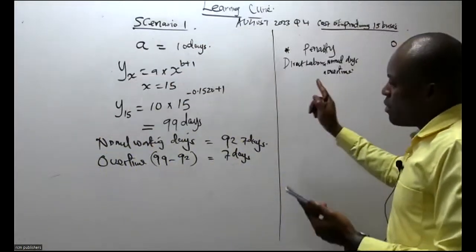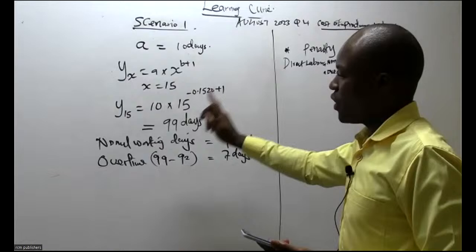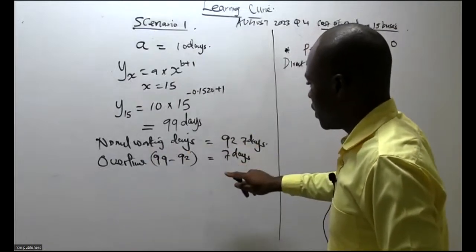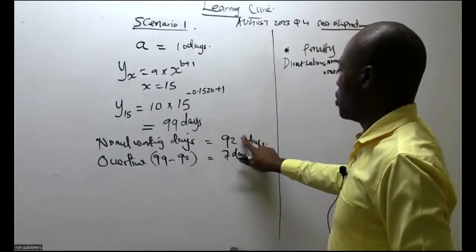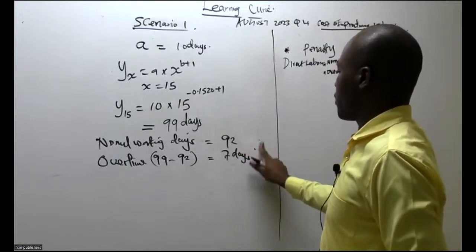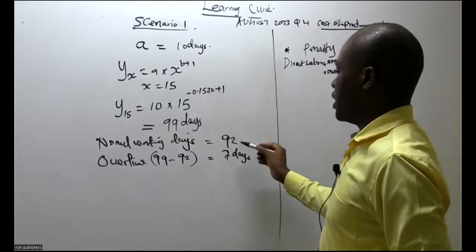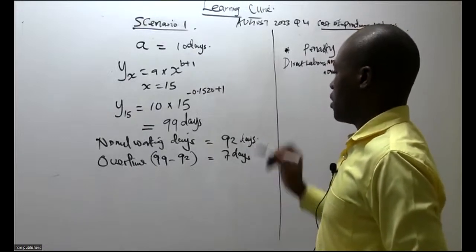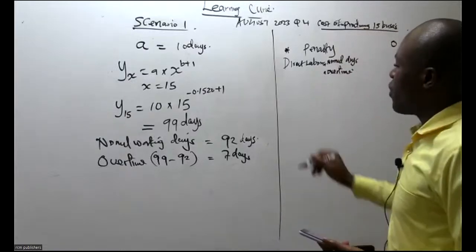Direct labor: we are being told the normal working days is 92 days. So they have worked for 99.